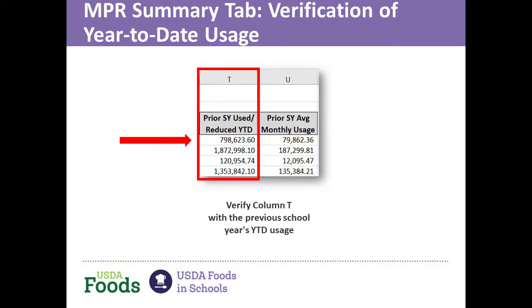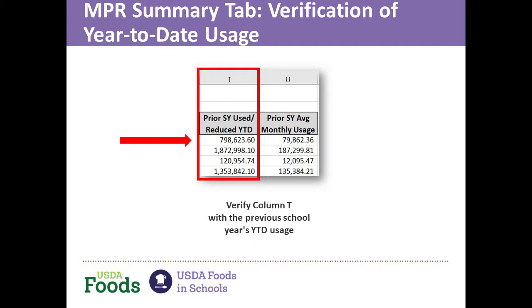Each year, when you receive the July MPR, it is critical to verify the number of pounds in the prior school year used reduced year-to-date column, which is column T, are correct. Verify that column T matches the prior year June MPR year-to-date pounds delivered.